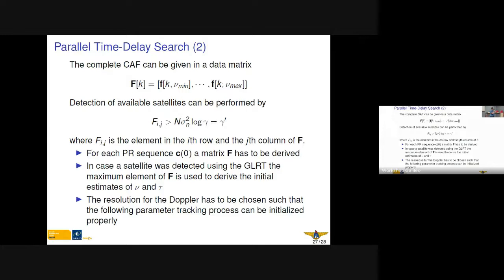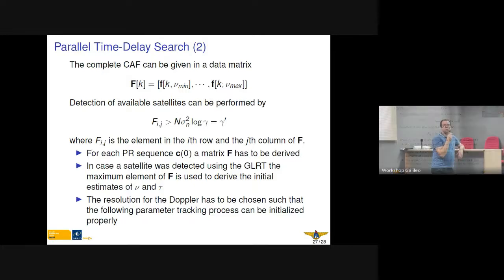And the resolution for the Doppler has to be chosen such that the following parameter tracking process can be initialized properly. This is something that is not really well explored so far, I think, but in general, a resolution of one chip is enough to initialize the delay lock loop.